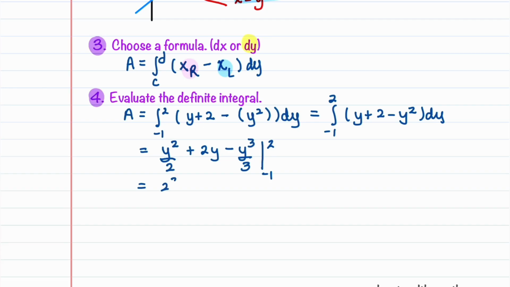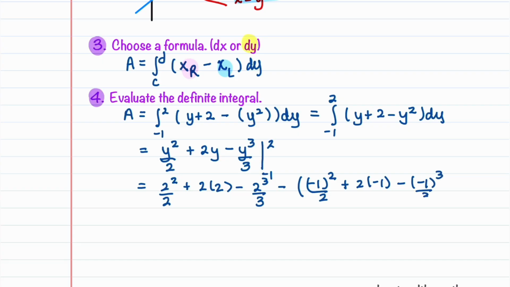So we have 2 squared over 2 plus 2 times 2 minus 2 cubed over 3, minus y evaluated at -1. So we have minus, (-1) squared over 2 plus 2 times -1 minus (-1) cubed over 3.